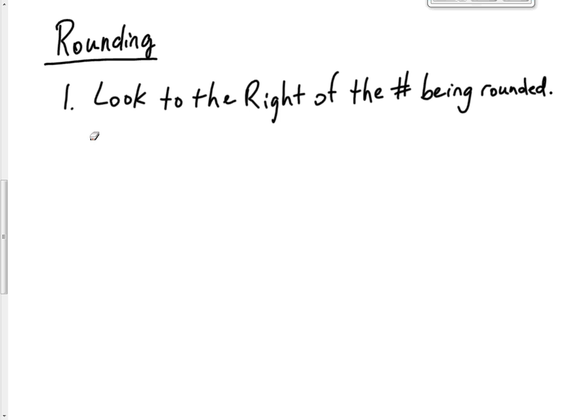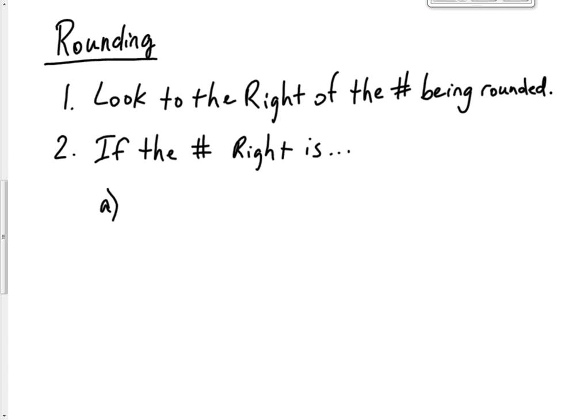Okay. And then number two, so once you've identified what number you're looking at, most of these rules are the exact same as what you've been doing for years. So if the number to the right, several possibilities.